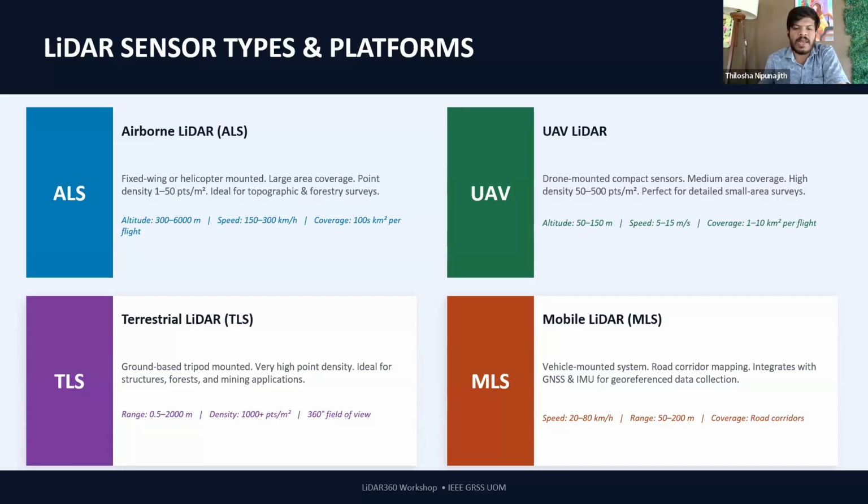Then, of course, there are mobile LiDAR scanning technologies. LiDAR360 MLS is basically oriented on using these kinds of LiDAR tools for MLS data. And LiDAR360 can deal with both ALS and TLS data. You'll know this with our demonstration.